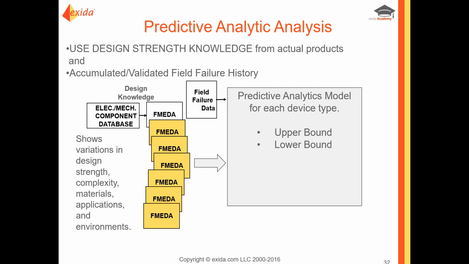Knowing all of this, we can take statistical analysis of FMEDA results and produce upper bound and lower bound total failure rates and dangerous failure rates for each product type. We do publish these upper bounds and perhaps most importantly the lower bound on a website called SIL-Safe Data.